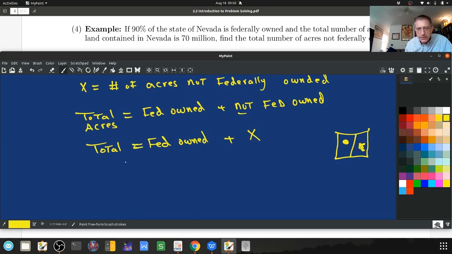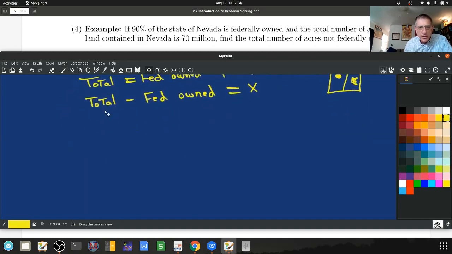X is going to be equal to the total minus the amount that is federally owned. That's misspelled, that's okay. And that's equal to X. So let's get some more room up here. So the total number of acres minus that Fed-owned is equal to X.